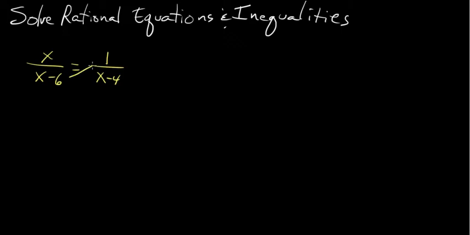Just bear with us. You cross multiply here, of course. It's like anything else. You cross multiply. x minus 6 times 1 equals x minus 6. And then x times x minus 4, which of course is going to be x squared minus 4x.